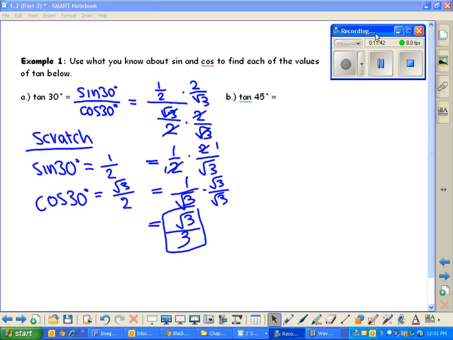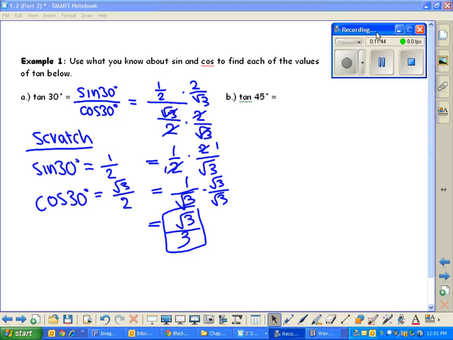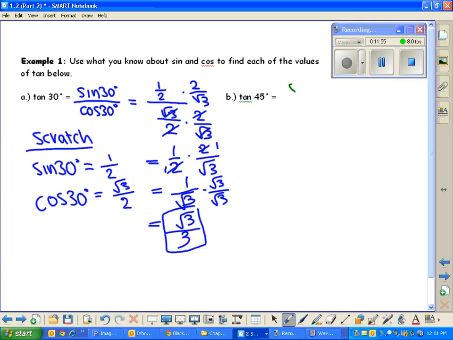Are we okay with part A? Yeah? All right, let's try part B. This is a little bit easier. Okay. So we have sine of 45 degrees over cosine of 45 degrees. It would just be 1.